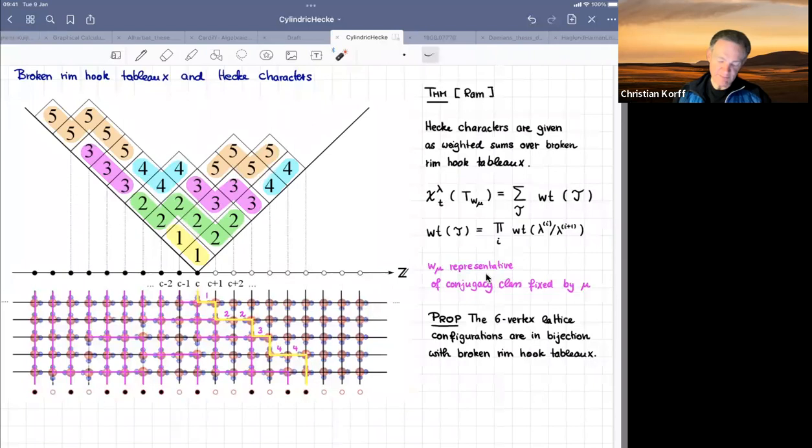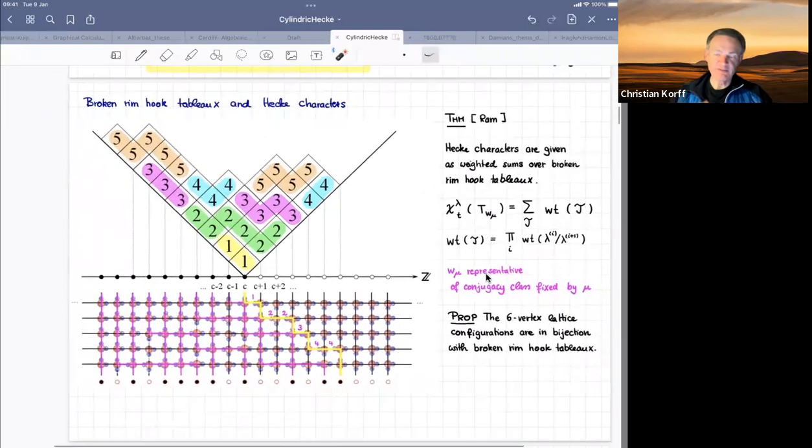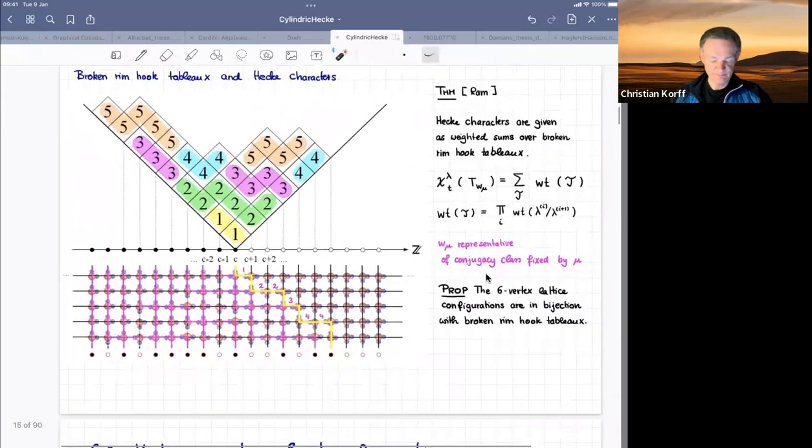And that is precisely the first row of this ribbon tableau, right? So you see that this is 1, 2, 2, 3, 4, 4. And then you go to the next path and do the same, following this path via the horizontal edges, and you get the second row and so on. So the bijection is pretty straightforward.